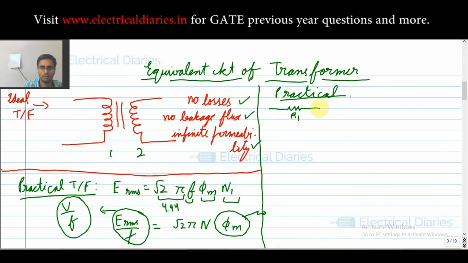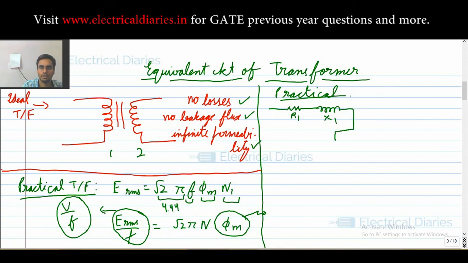Then you get X1, the leakage reactance of the primary winding, that is the flux that is lost from the primary winding. You represent that flux by using this X1.